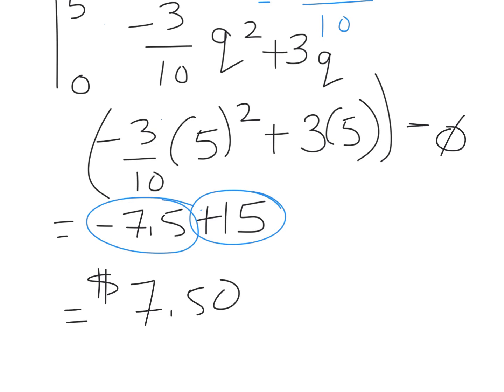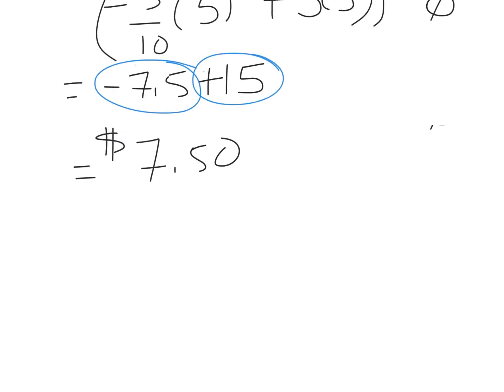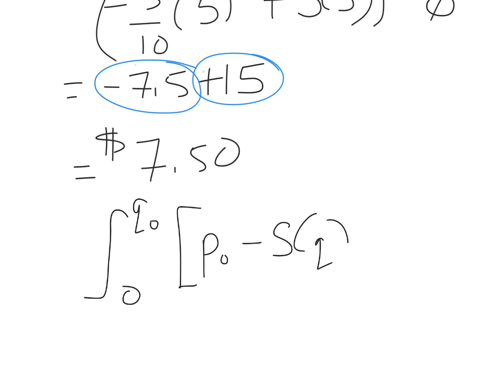So the next thing we do is find the producer's surplus. Producer's surplus is you integrate and evaluate between 0 and the equilibrium quantity of the equilibrium price minus the supply function.